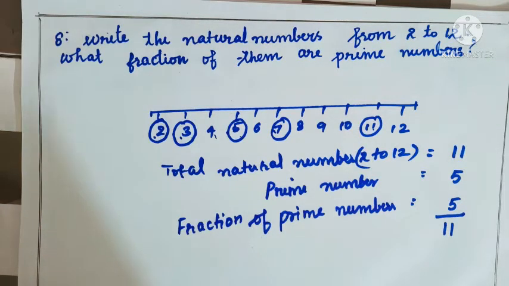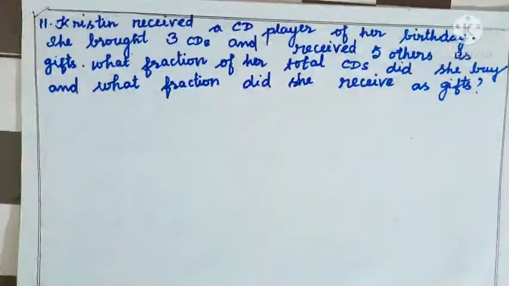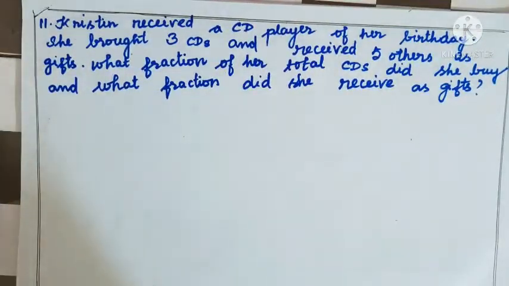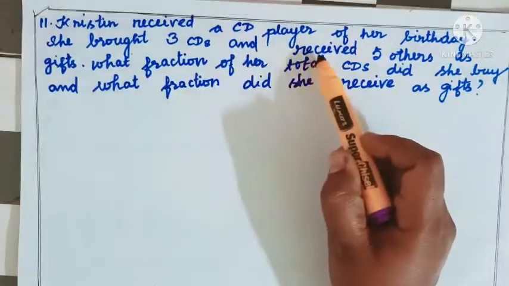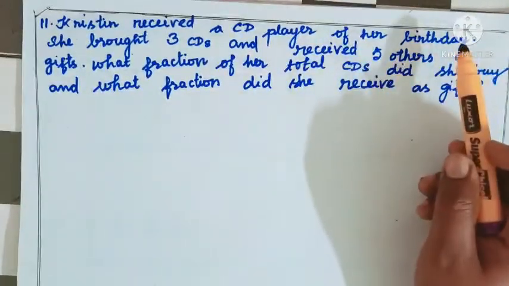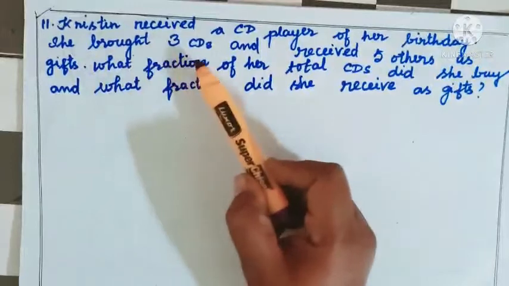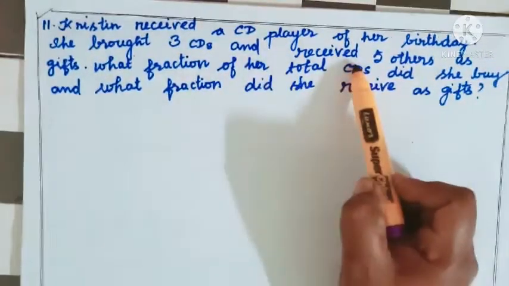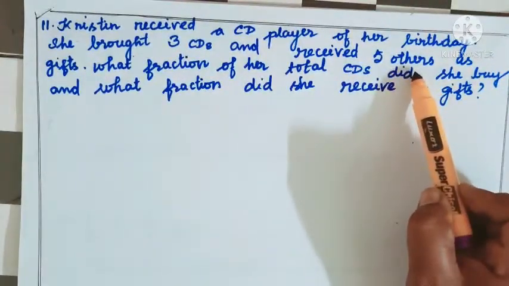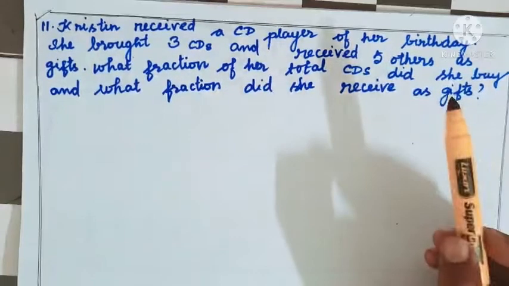Okay. Now you go to the 11th sum. Here Kristen received a CD player for her birthday. She bought 3 CDs and received 5 others as gifts.